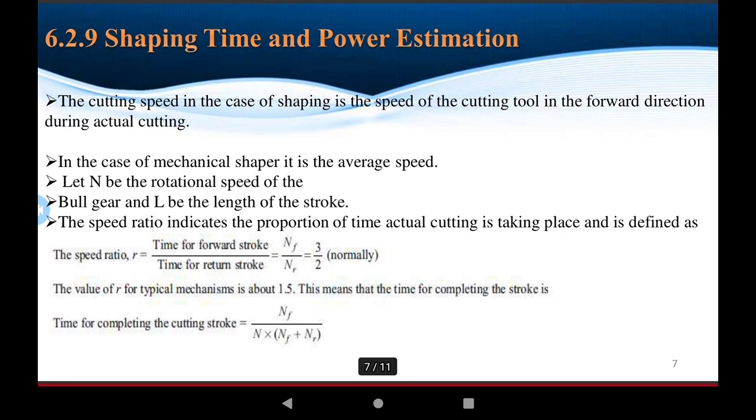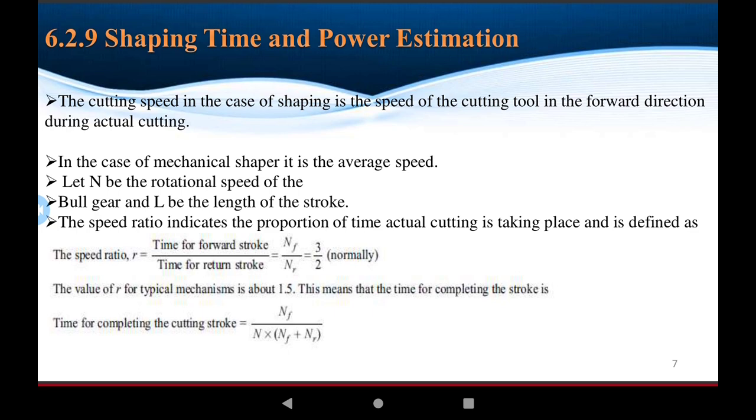The shaping time and power estimation is found out from the sum of assumptions and is required for this formula. The cutting speed in the case of shaping is the speed of the tool in the forward direction during the actual cutting. I discussed this point before in this slide.